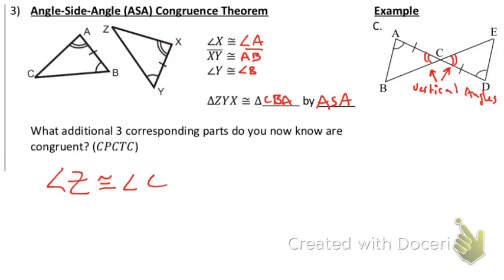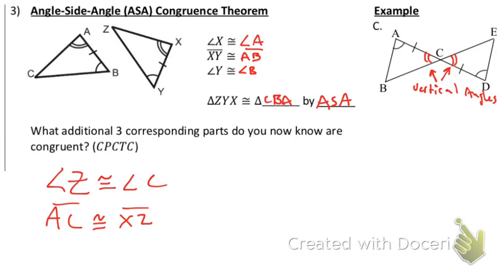The other thing I can say is side AC is congruent to who over here? Remember, these triangles are congruent, so I can start putting sides congruent. So AC can be congruent to XZ. All right, and then what's the other part I can say that's congruent that's not listed yet?